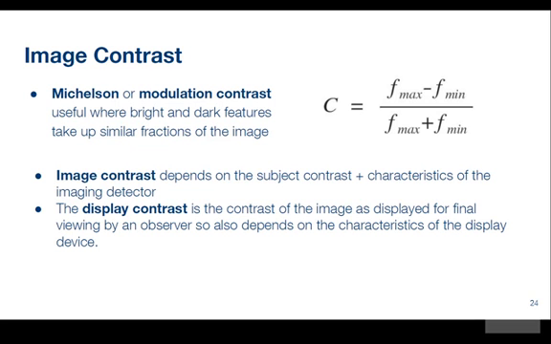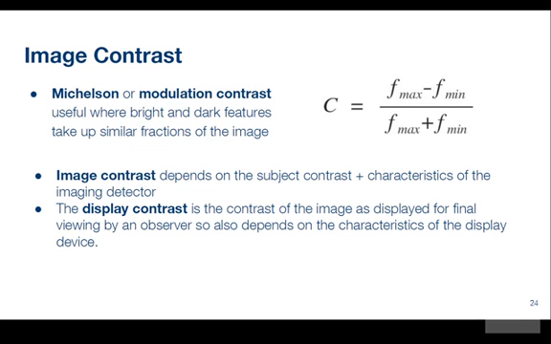In this case, the difference we're looking at here is the maximum signal and the minimum signal. That difference, divided by the sum of the max and the min signal. So we'd have to search around our image for the maximum signal, search the image for the minimum signal, and then we can calculate this type of modulation contrast.